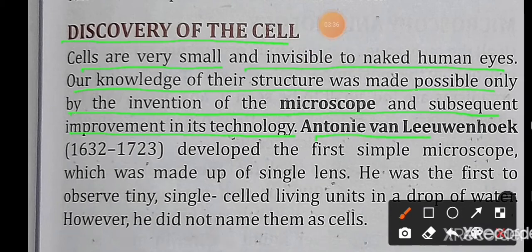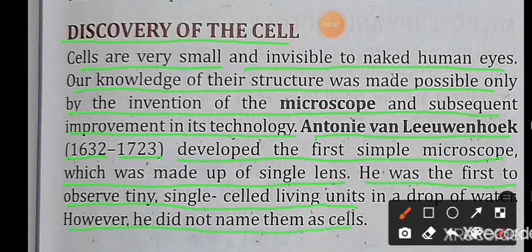Antony van Leeuwenhoek, 1632 to 1723, developed the first simple microscope, which was made up of a single lens. He was the first to observe tiny single-celled living units in a drop of water. However, he did not name them as cells.